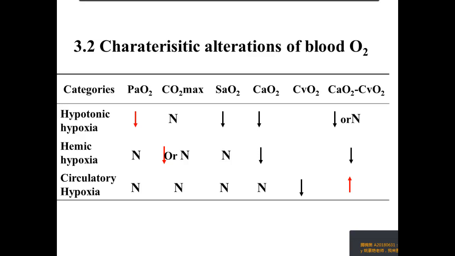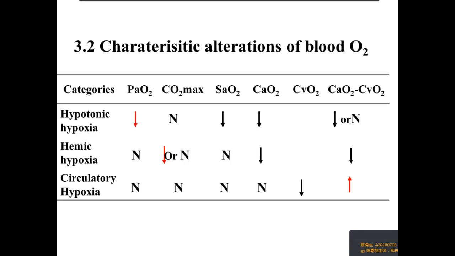Now, the characteristic alteration of blood oxygen. During circulatory hypoxia, because inspired oxygen is normal and external respiration is normal, the pulse pressure is normal. Hemoglobin is normal, so oxygen content and oxygen binding capacity are normal. Saturation is also normal, and oxygen content in arterial blood is normal.